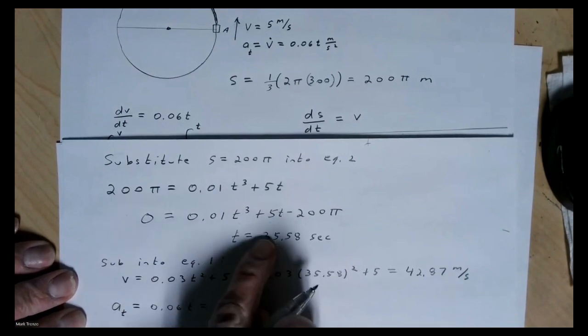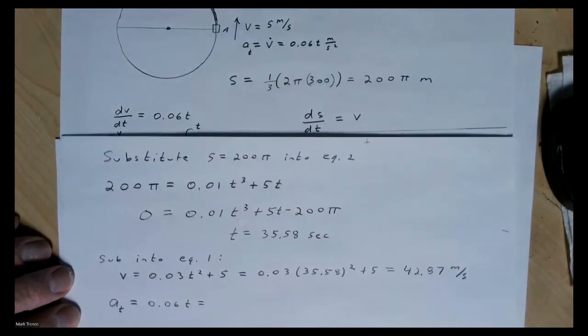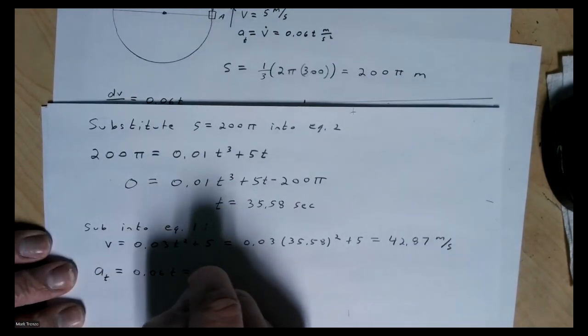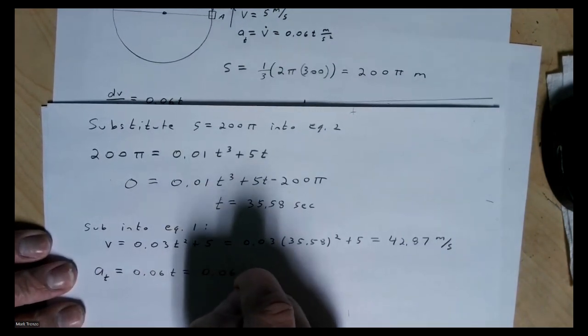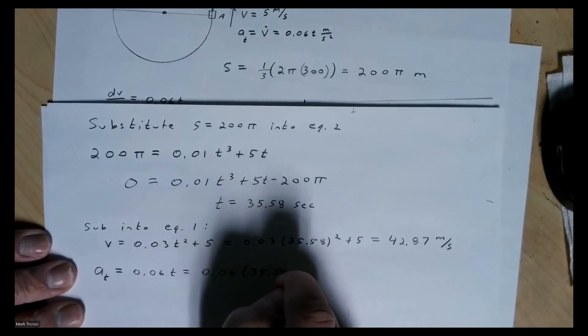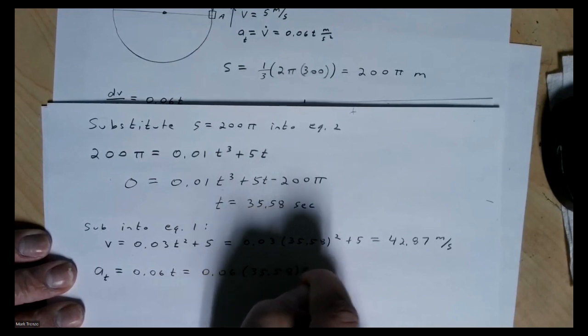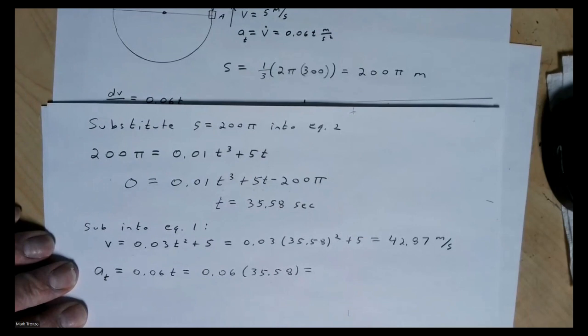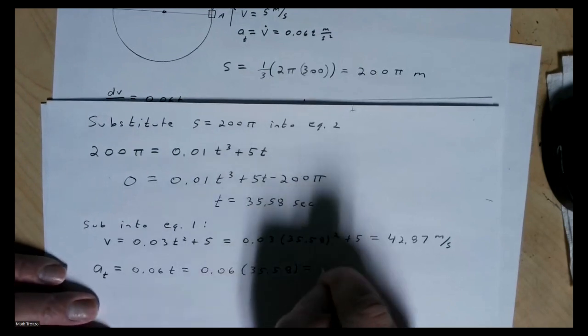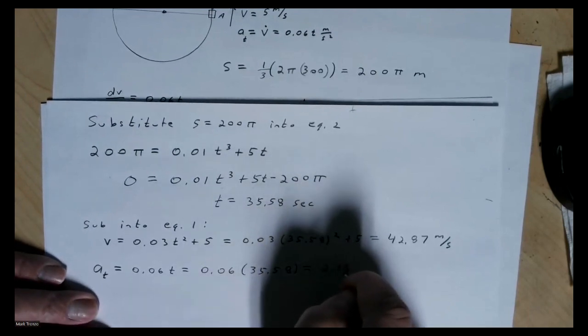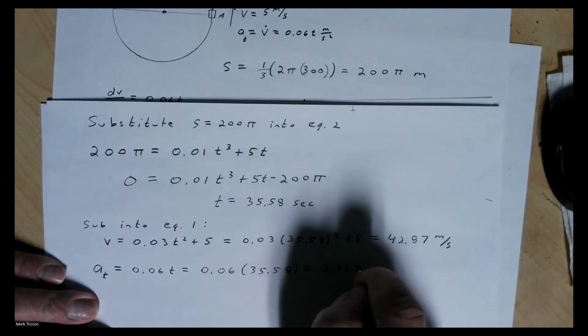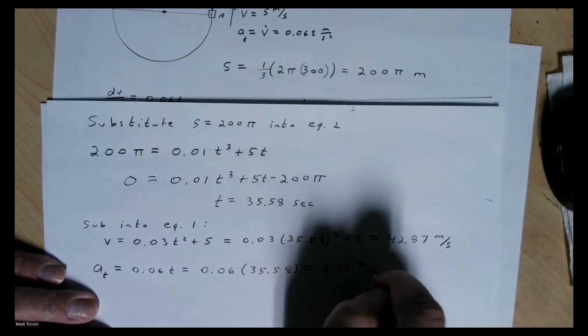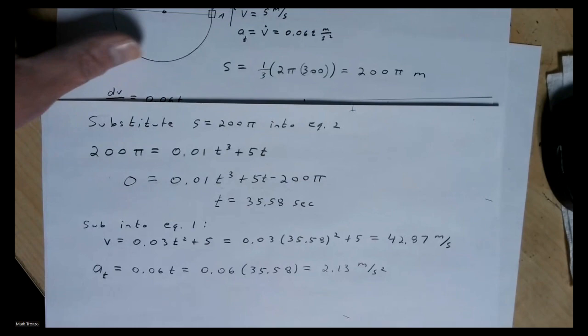And if we put this t value into that, I get around 2.13 meters per second squared.